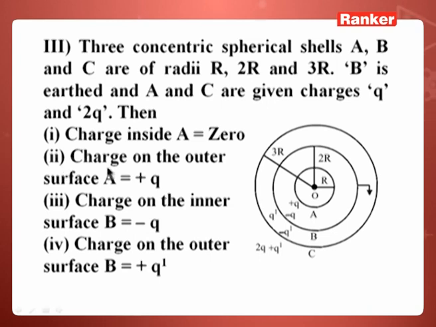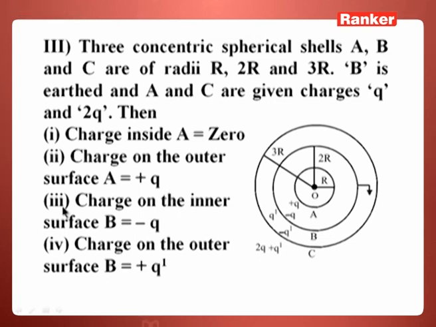Second bit, charge on the outer surface of A is how much? It has been given positive charge Q. So naturally, the charge on the outer surface of the innermost spherical shell, that is A, now becomes plus Q.